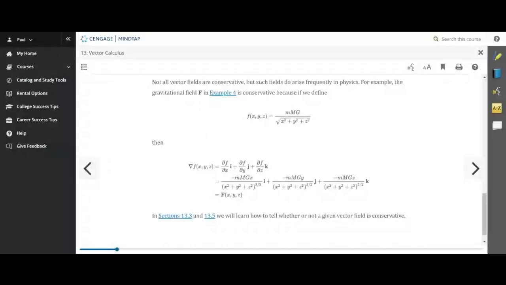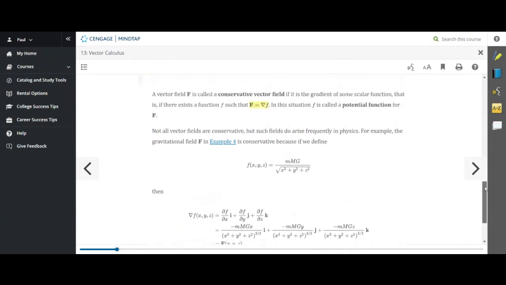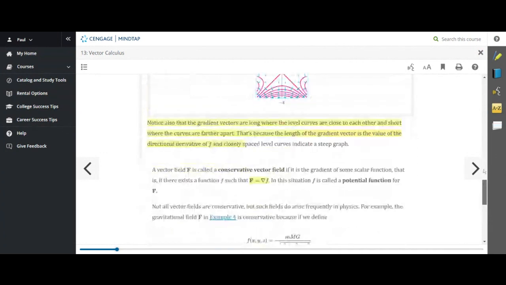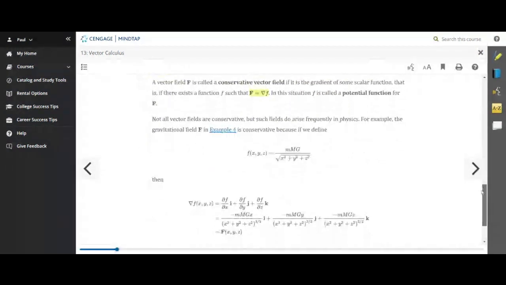Okay, so what this is from section 13.1, where they talk about a conservative vector field.